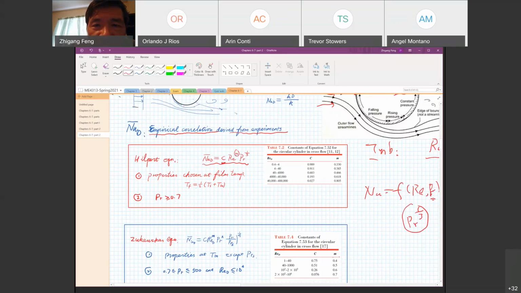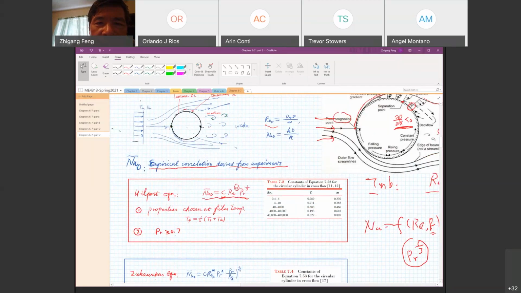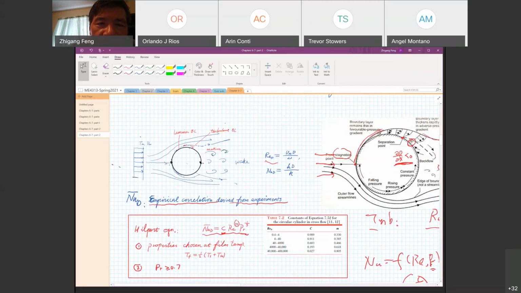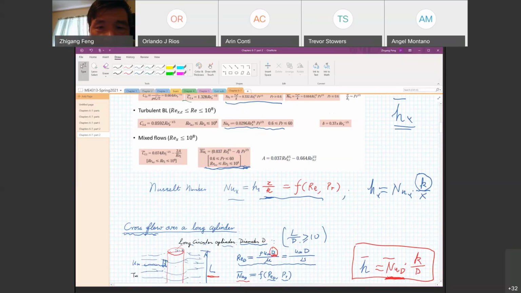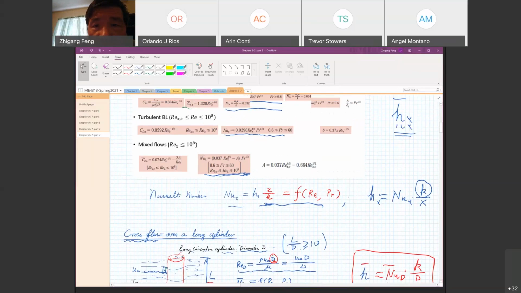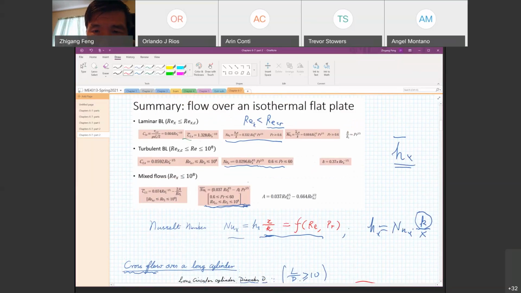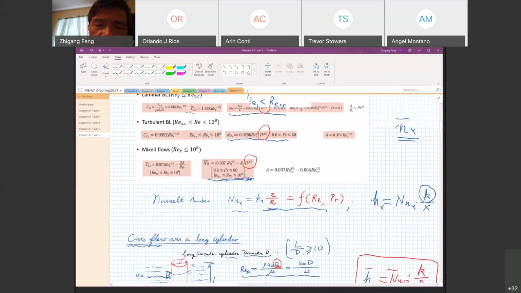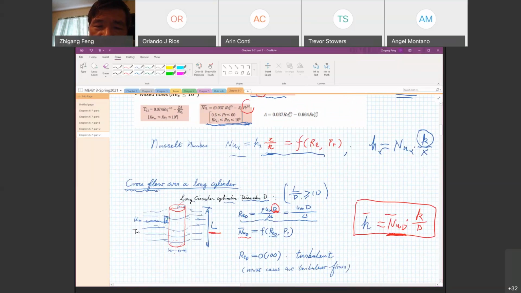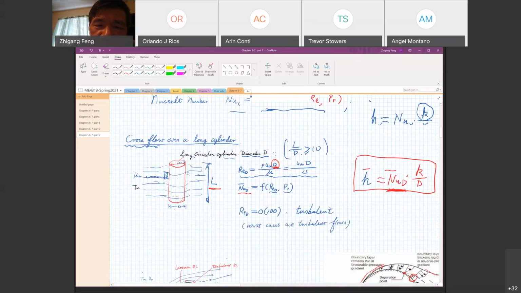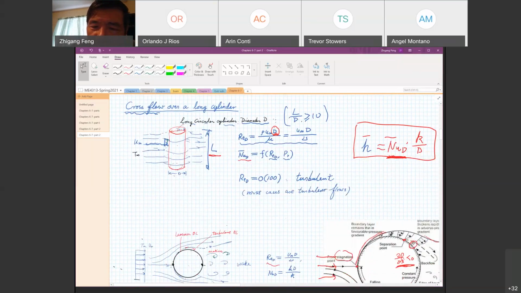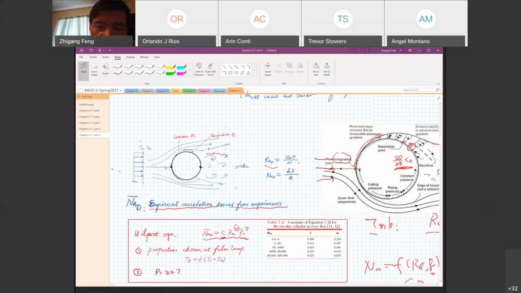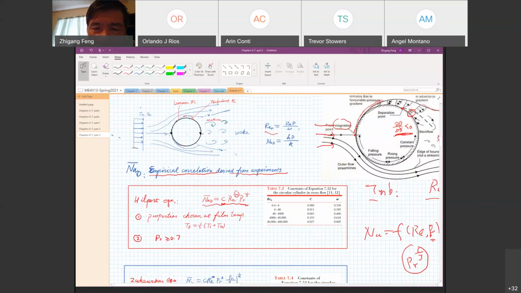Now, let me try to convince you using the result from uniform flow over a flat plate. You see this is a table for uniform flow over a flat plate. You see 1/3 here, 1/3 here, another 1/3. So in the future, if you work on finding a correlation for a certain configuration, you may want to try a Prandtl number exponent of 1/3, because that's a typical relationship between the Nusselt number and the Prandtl number.